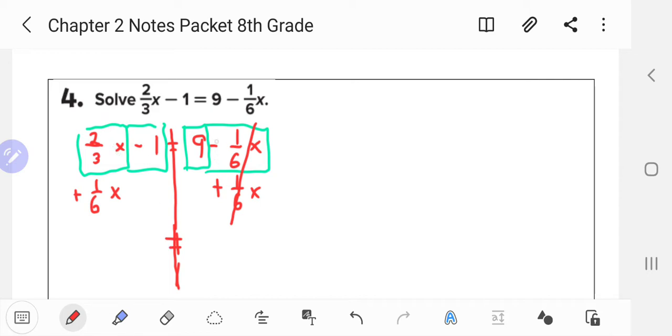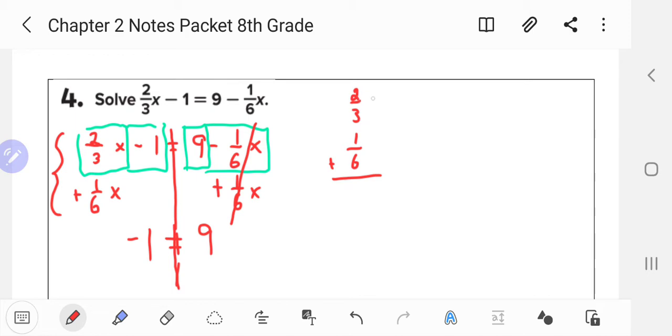And excuse me, I'm left with a 9 over here. And I can bring my -1 down, but I'm wondering what this is going to equal. 2/3 x plus 1/6. Well, simple. I'm just going to do 2/3 plus 1/6.